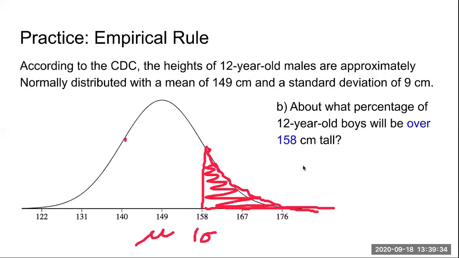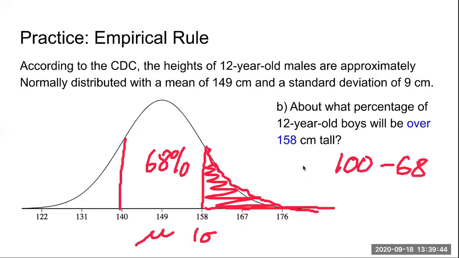So we know that this inside area is 68%. So if we did 100 minus 68, that would give us both tails. That would give us this one over here too. So that's 32, but we only want 1 tail. So there would be 16% on the left and 16% on the right. So our answer would be 16%.